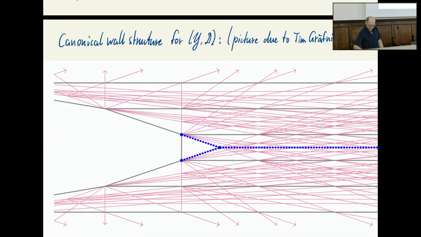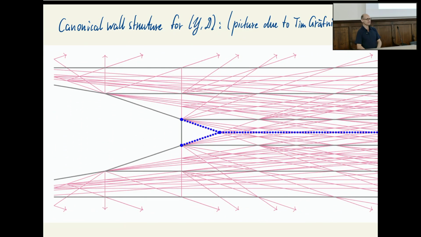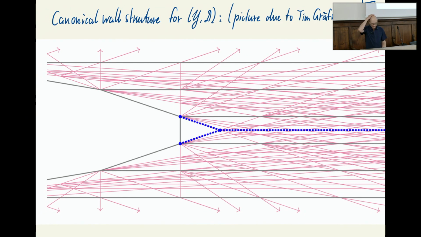Let me show you one picture of what these look like in practice. So here's something that Tim Gräfnitz, my former student, produced following his thesis project. There's a Sage code that you can download and play with yourself that computes these wall structures from the more algorithmic fashion that we did in our previous work, but we know they agree, and he proved they agree with this canonical wall structure.